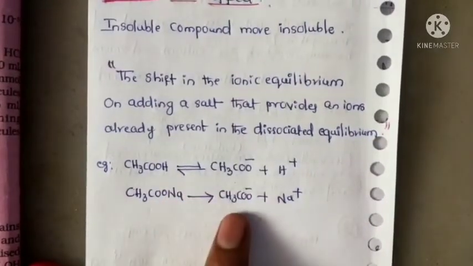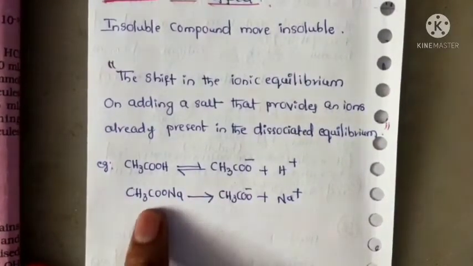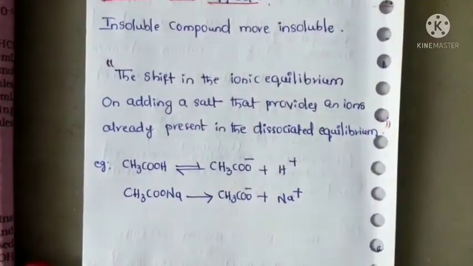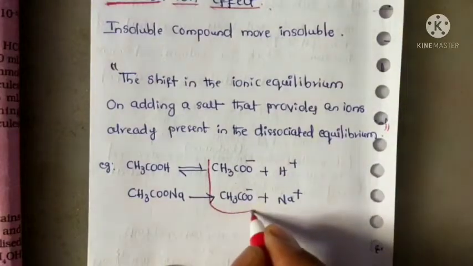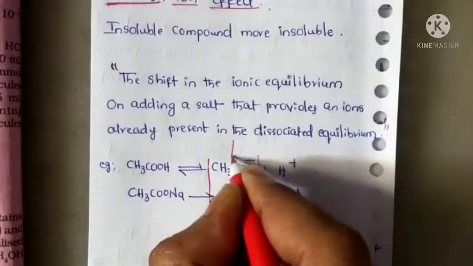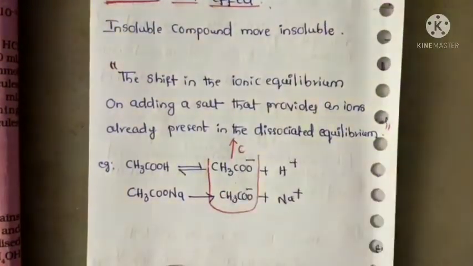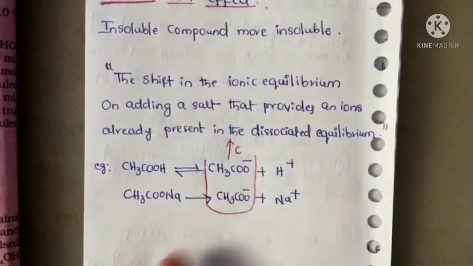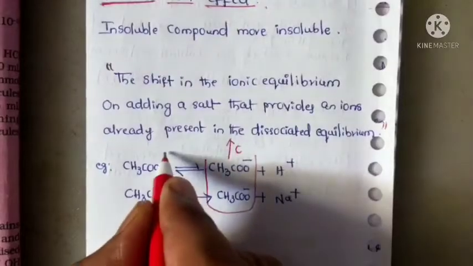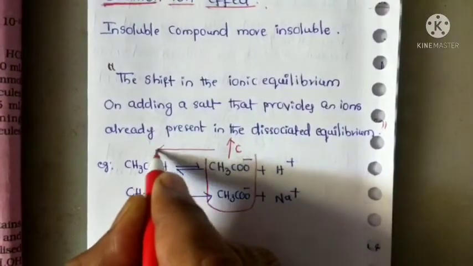Whenever we add the sodium salt, the concentration of acetate ions increases. According to Le Chatelier principle, the ionic equilibrium will shift to the left side.